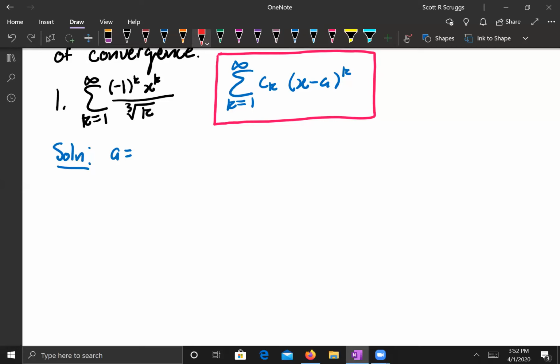And the reason why it's called a power series is because it has the variable x raised to the power of the index. And whatever that number a is, that's what I'm referring to as the center of the power series.